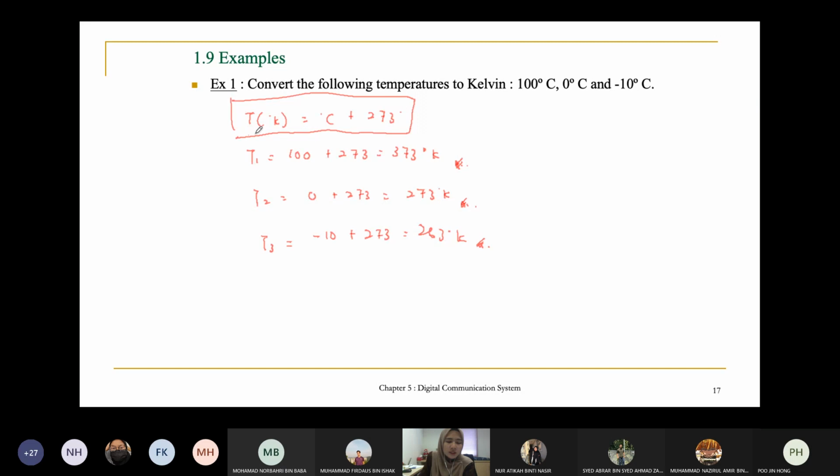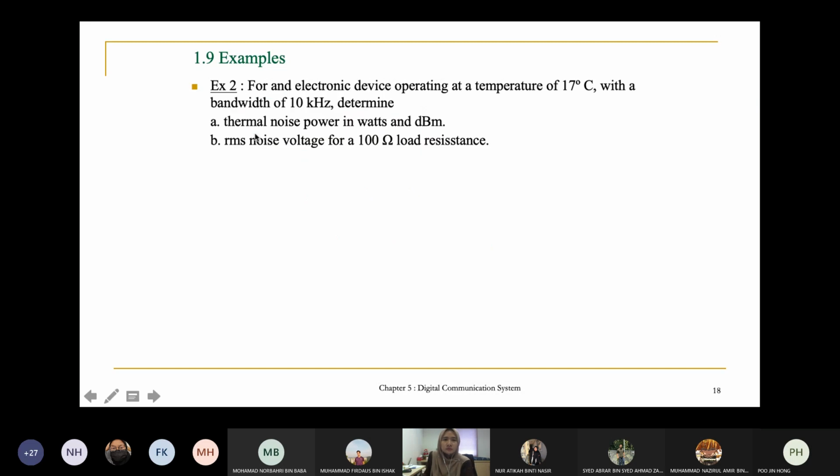Okay, so the next example. For an electronic device operating at a temperature of 17 degrees with a bandwidth of 10 kilohertz, the question asks you to determine the thermal noise power in watts and also dBm. So remember the equation for thermal noise.